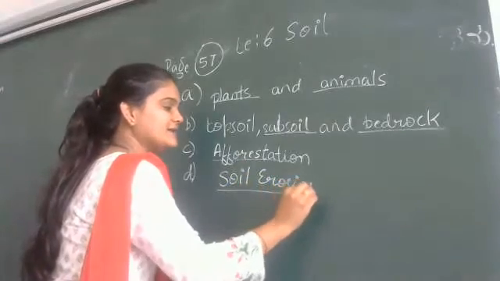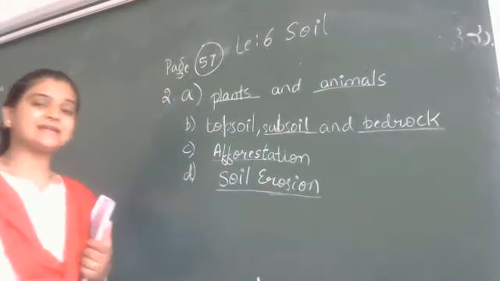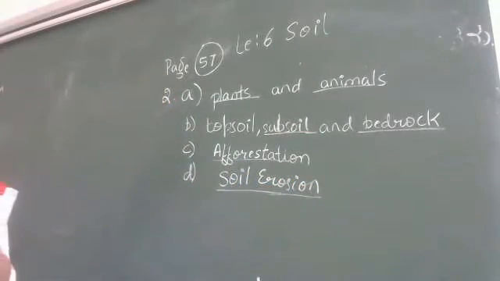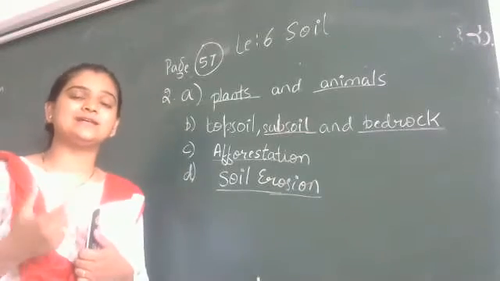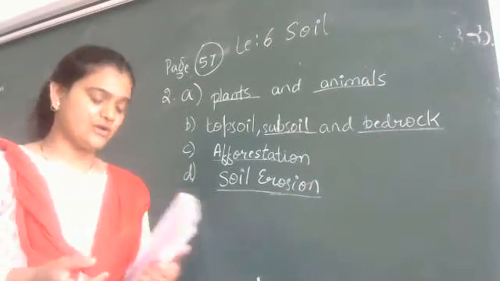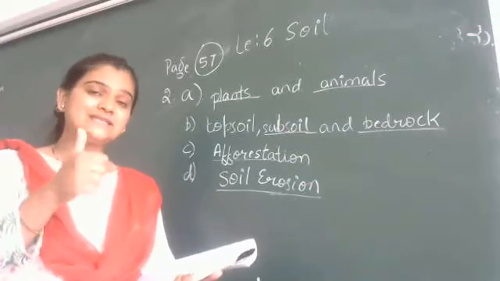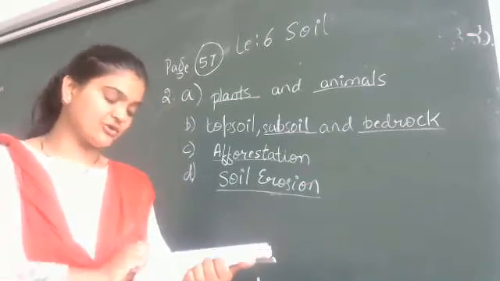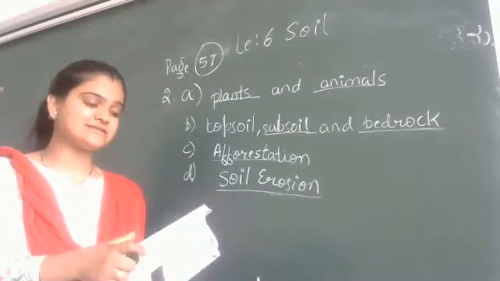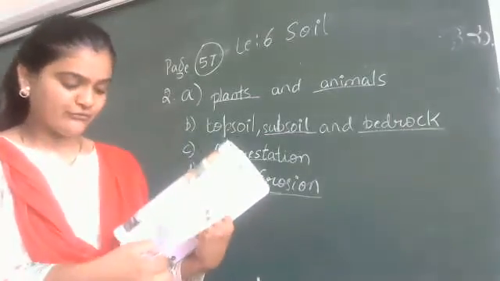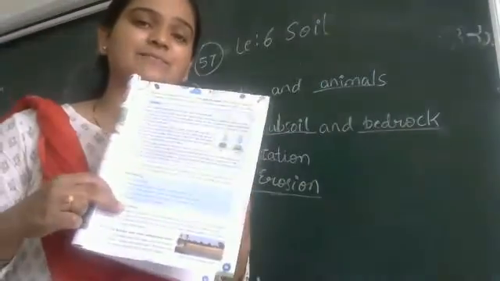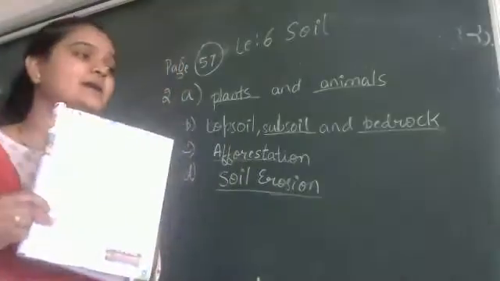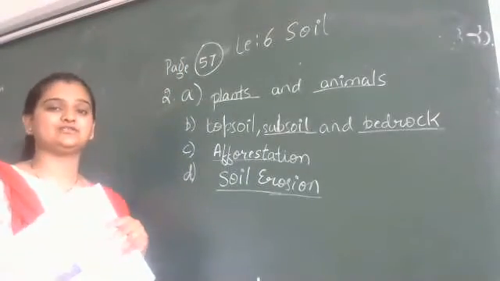Looking after the factors that will prevent soil erosion is known as soil conservation. Yes or no? So they have given terrace farming and growing cover crops. These processes are being followed for soil conservation, for preventing soil erosion.